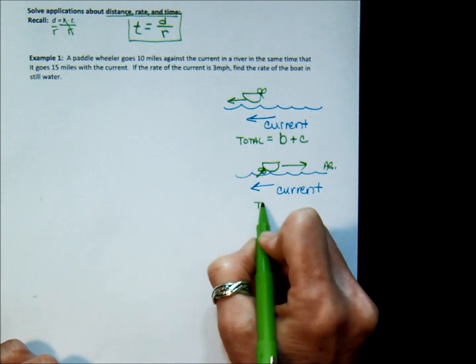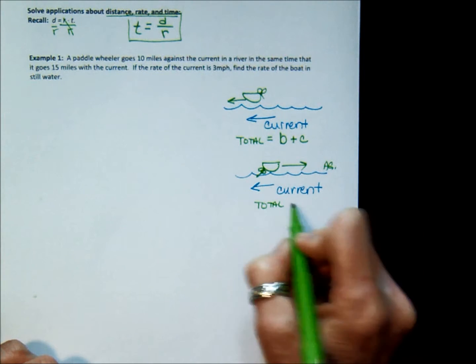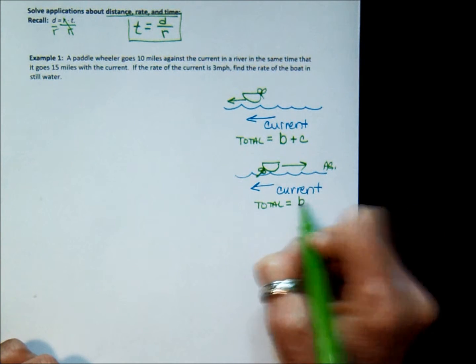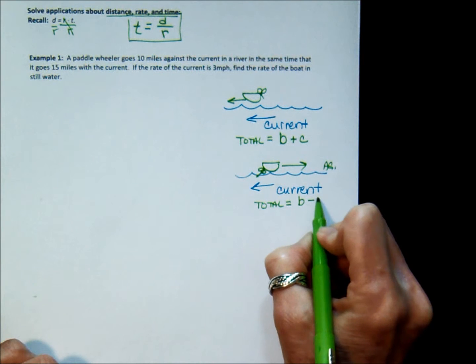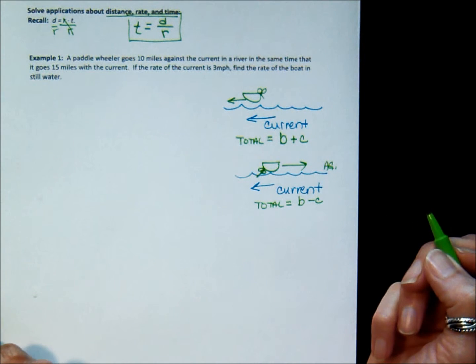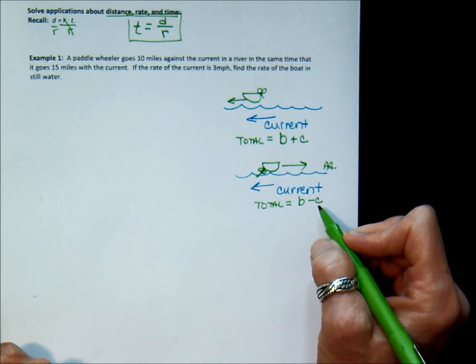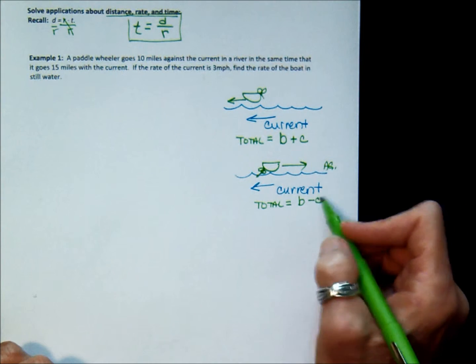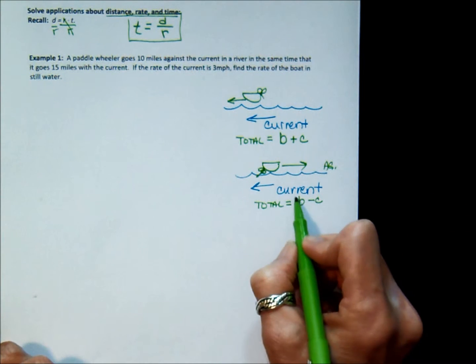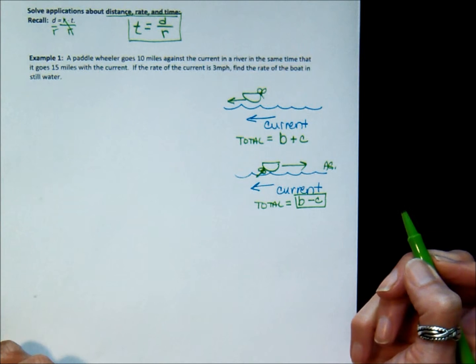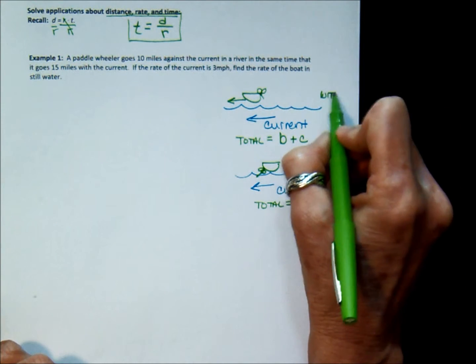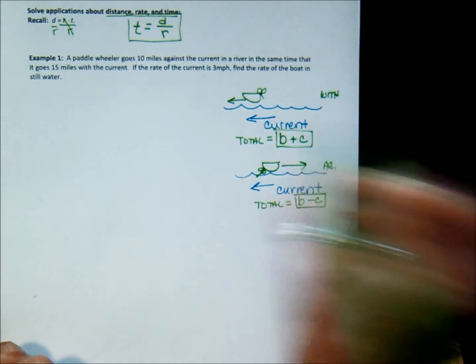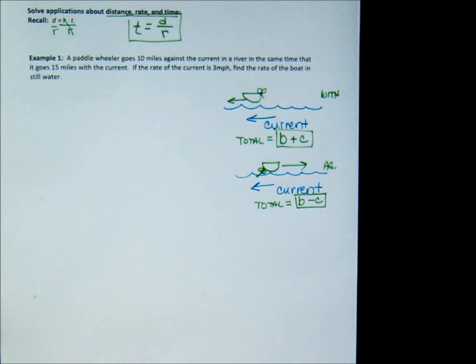So in this case, the total rate of the boat is going to be the boat's speed minus the speed of the current, because this current is slowing you down. So these are the two scenarios. When you're going against the current, this is the actual rate. And when you're going with the current, this is the actual rate. And that's an understanding that you have to have in order to work these problems.